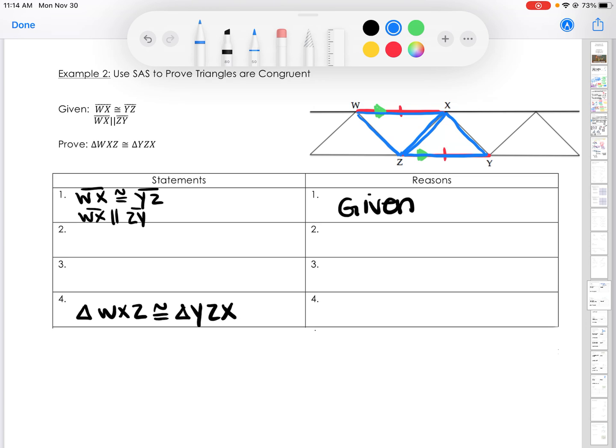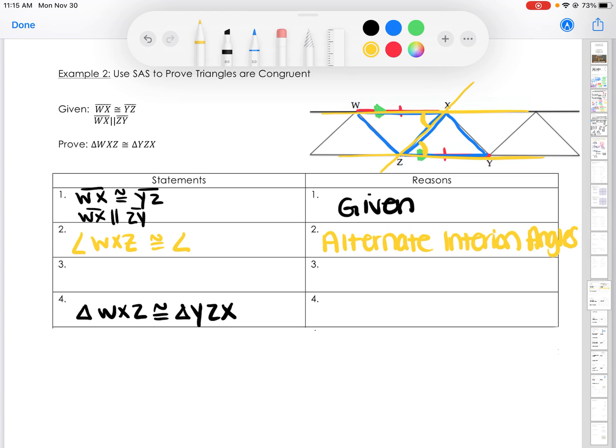Well, maybe using that transversal concept, if these guys are parallel and I have a transversal running through them, we can say that these two angles are congruent by using alternate interior angles. So we can say that angle WXZ is congruent to angle XZY. And that's referring to these angles in here.